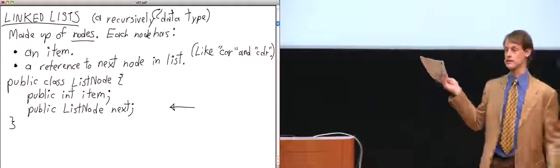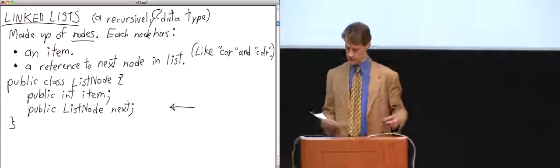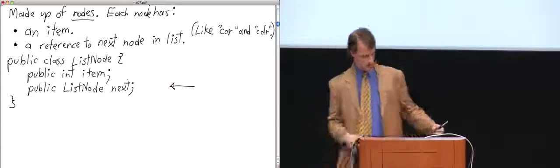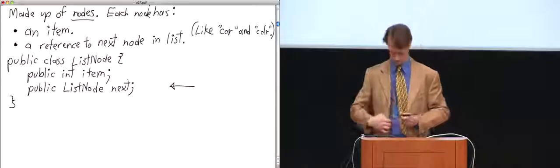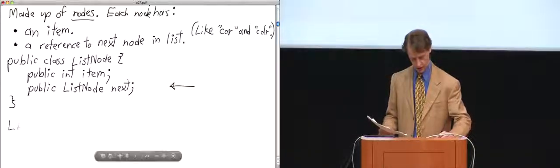So now that we've got this class, let's make some objects. Let's make some list nodes of this class and hook them together. So imagine that the following code is in some other method. I'm not going to write the method declaration. I'm just going to start writing code.